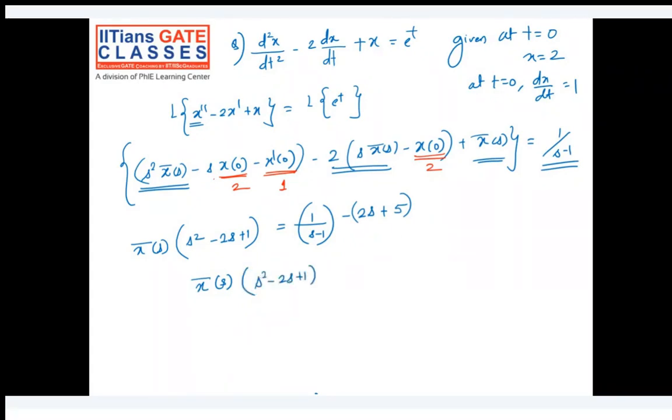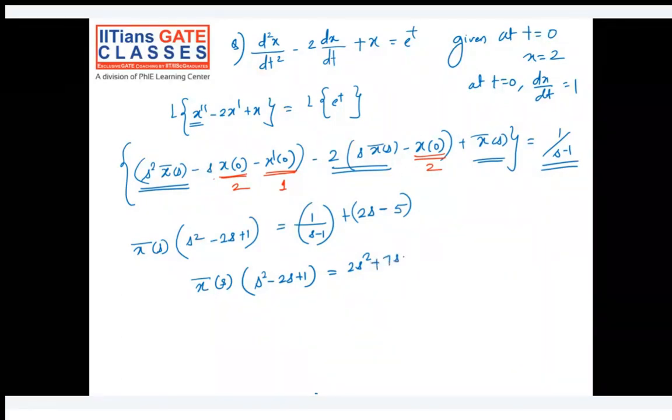On the right hand side, we will have 2s square, plus 2s minus 5, 2s square plus 7s plus 6. Just give me a minute. Let me check the signs. Minus 1 and minus 4.